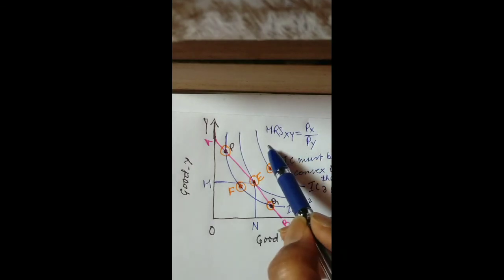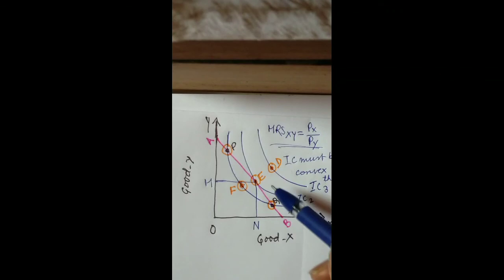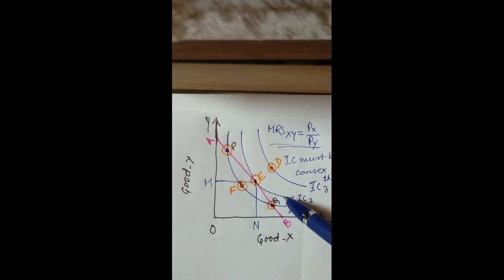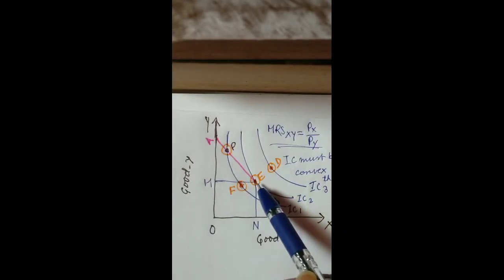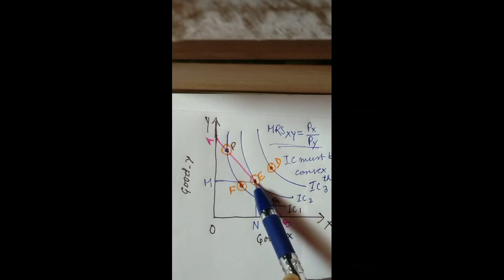It means our first condition is satisfied. And at the same time, you can see that at point E, the indifference curve is convex to the origin. So our second condition, that is IC must be convex to the origin, is also satisfied here, which means at combination E, the consumer will be in maximum satisfaction. This is the point of equilibrium for the consumer.